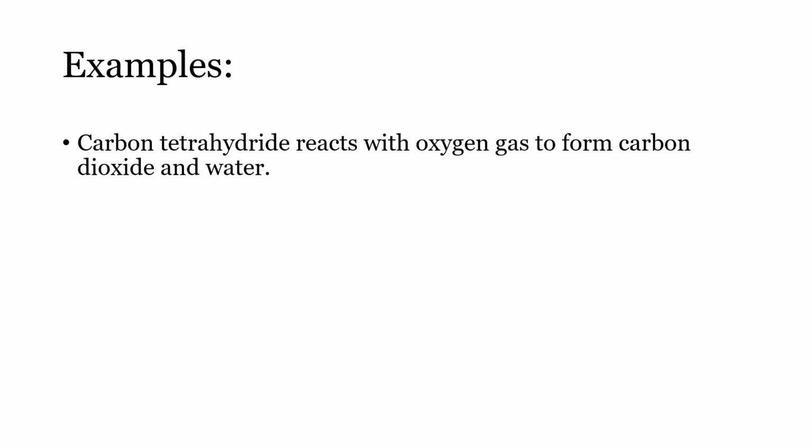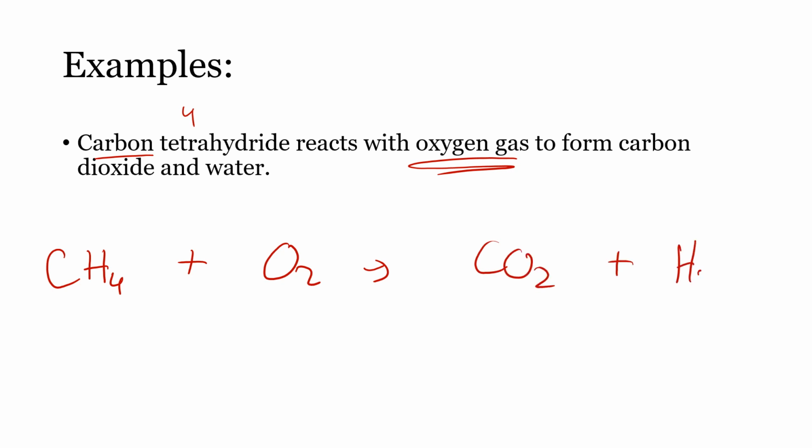Carbon tetrahydride reacts with oxygen gas to form CO2, carbon dioxide, and water. So carbon tetra is 4, so it's 4 H's. Reacts with oxygen gas, or O2, forming CO2 and water. So now I got to balance this. I have 1 carbon on both sides.